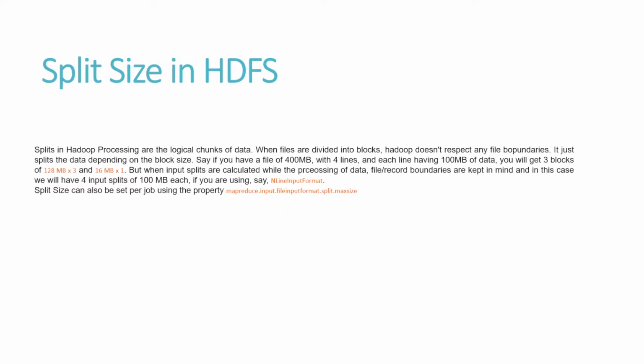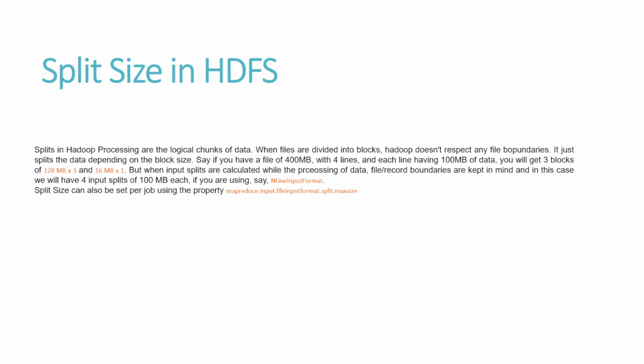In the middle of the 100th record, you reached 128 MB. So Hadoop would just cut the file right there and store it as a block. It doesn't really respect record by record or JSON by JSON. It doesn't care about that. It just splits by the number of megs.